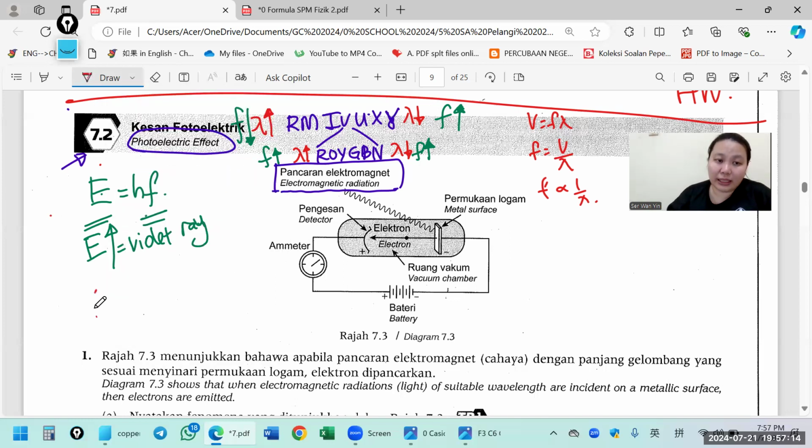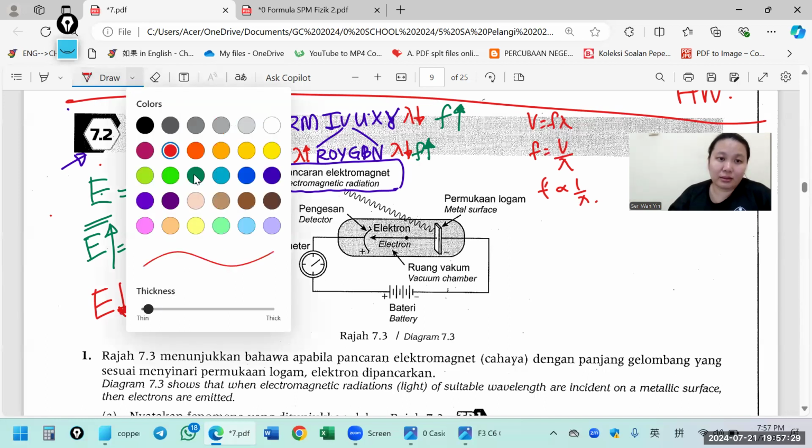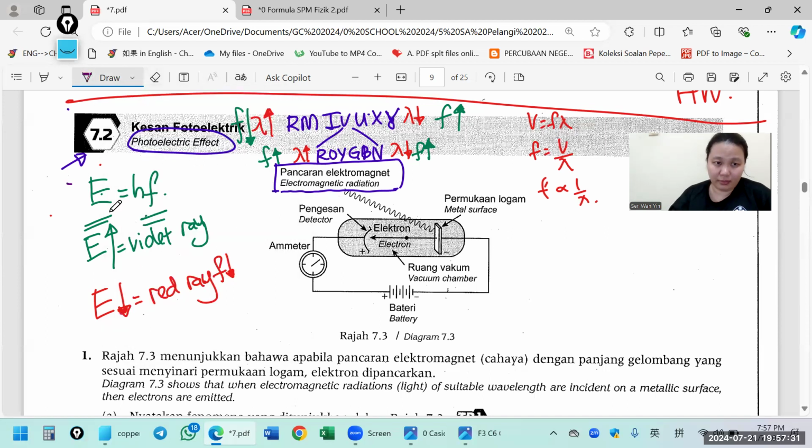The red ray has the lowest frequency, so the photon energy is also lowest. Violet, according to the spectrum, has the highest frequency. So for visible light, violet will have the highest photon energy, the highest light energy in a packet.